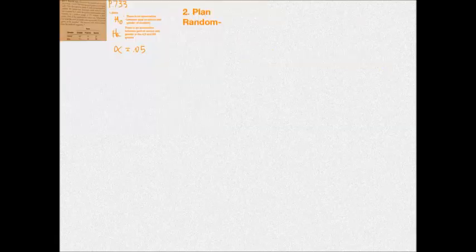Next would be to plan. So we have to establish if this is random or not. They tell us that they randomly selected a random sample of 478 students. So it's stated. The next check is the large sample size test.